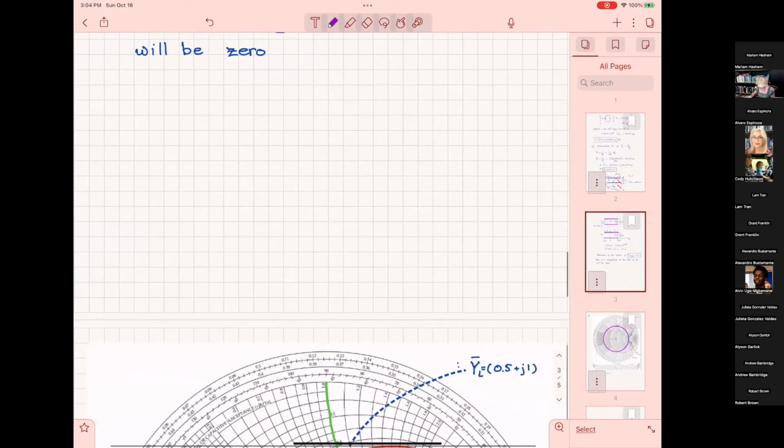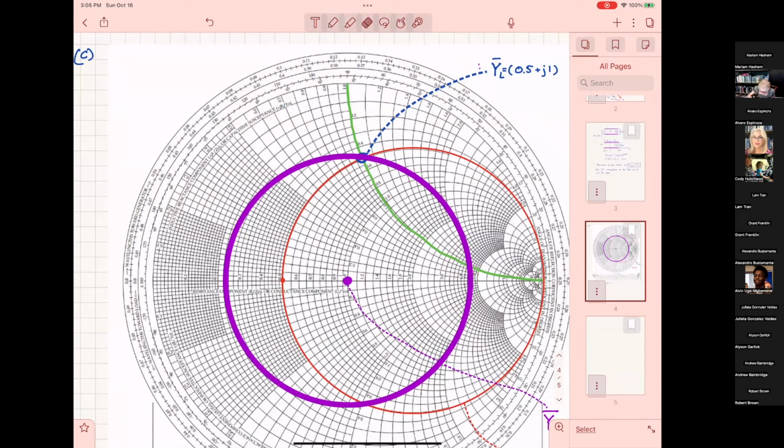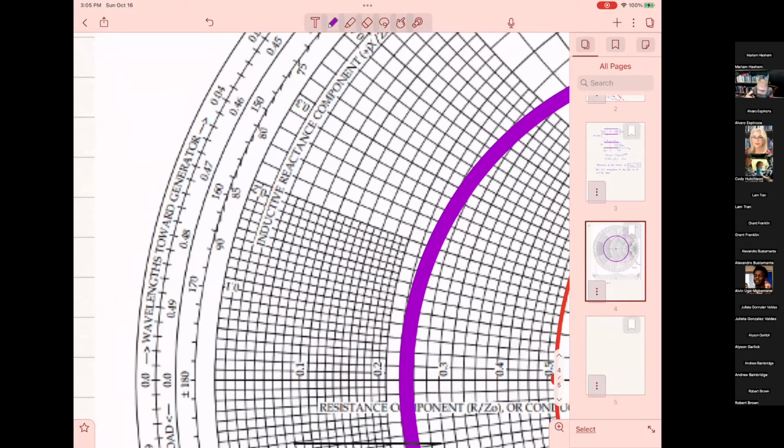The following way. We are going to go to the Smith chart, and first of all, we move from the load towards the generator. Here you have to pay attention to this one. The Smith chart says wavelengths toward generator, and it has an arrow.